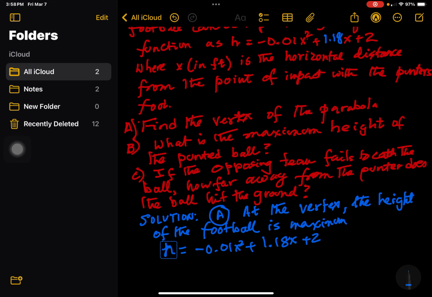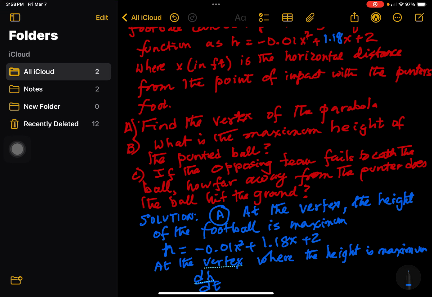Now at the vertex where the height is maximum, dh by dx, the first derivative, is equal to 0.